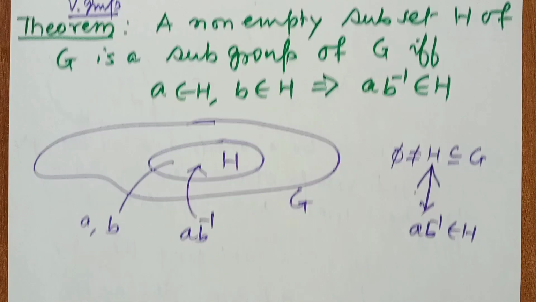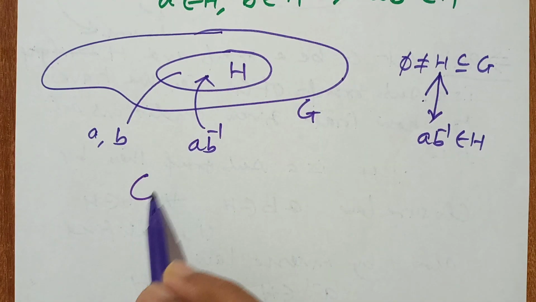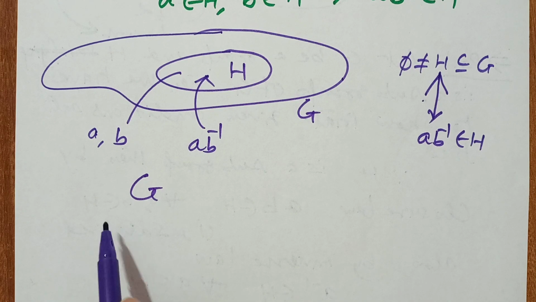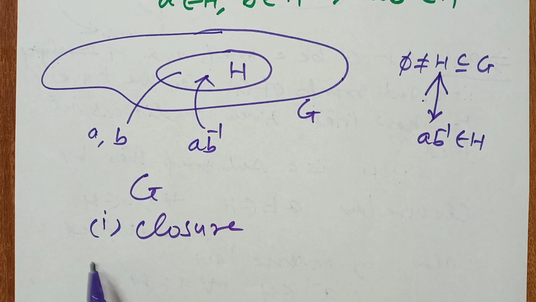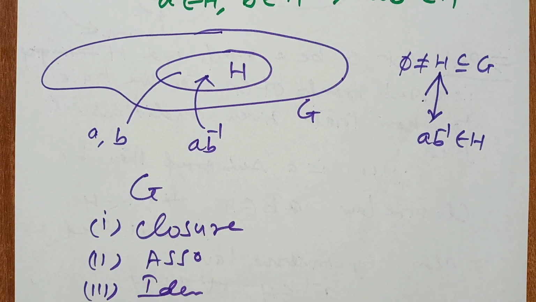As we know, this is a group. So how many properties does a group have? Four: closure, associative, identity, and inverse.